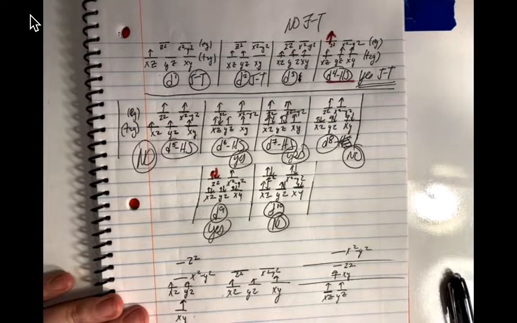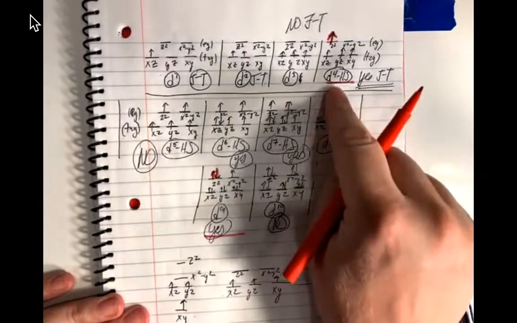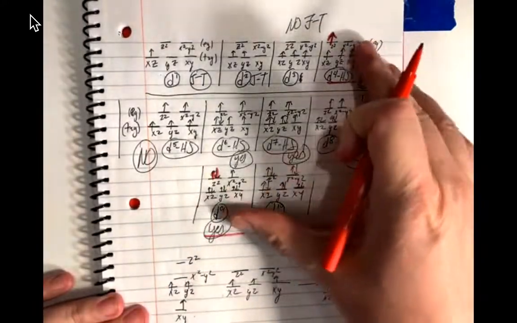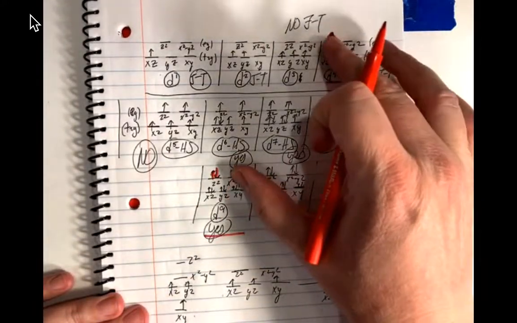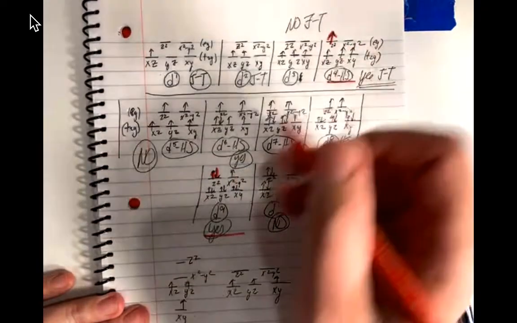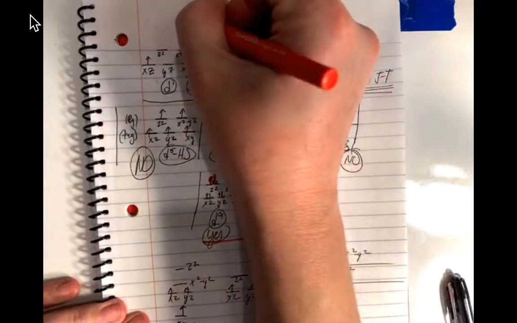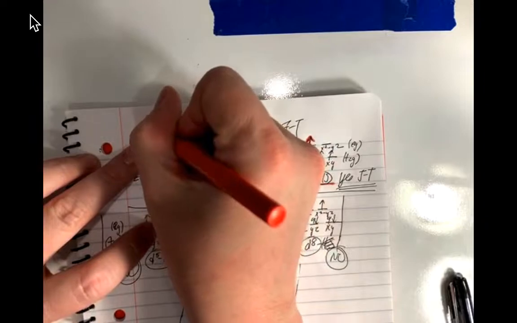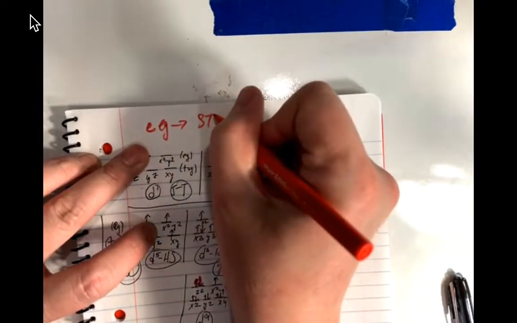Let's see. No, just these two. So if we have the degeneracy up top, where we have to decide, if it's in the eg set, it's something that's called strong Jahn-Teller.